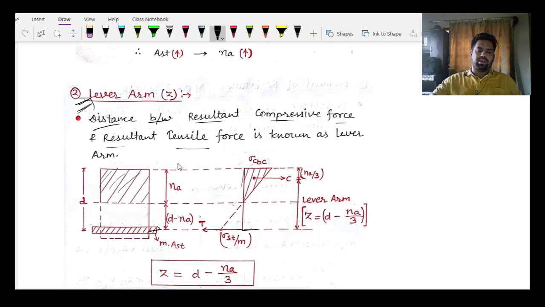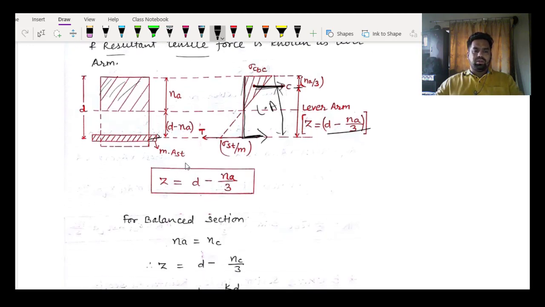As per the definition, the lever arm is the distance between the resultant compressive force and the resultant tensile force. The total distance is d, so the lever arm is d minus x_a by 3.